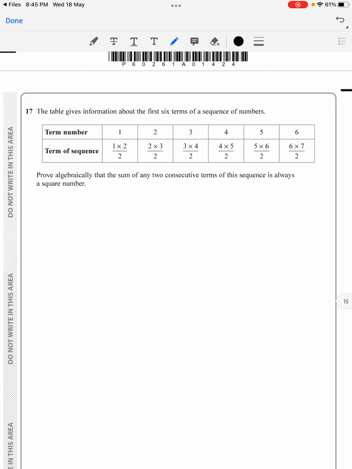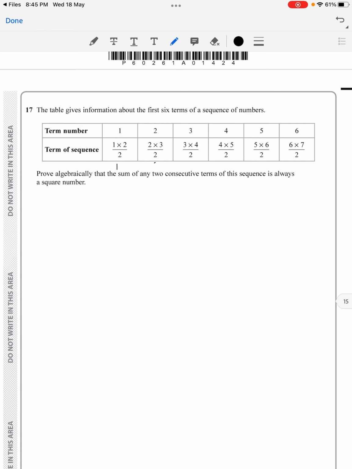If you find these values individually, it's 1, 3, 6, 10, 15, 21. If you check, the denominators are all 2, 2, 2, 2, 2, and 2, so the value of the denominator is fixed.